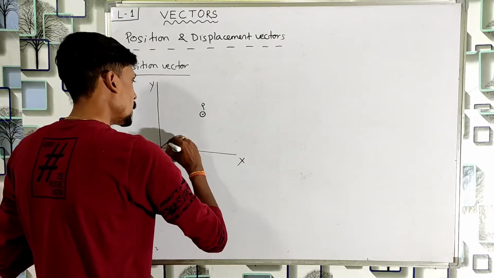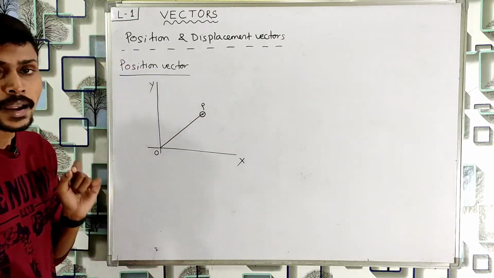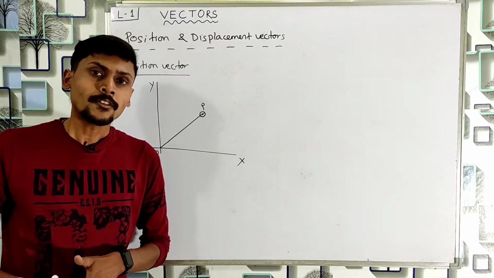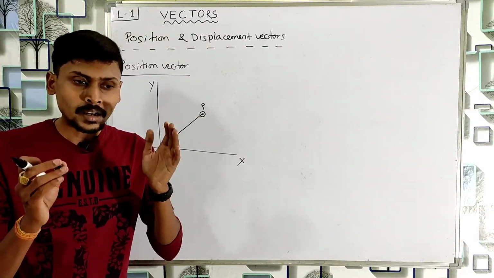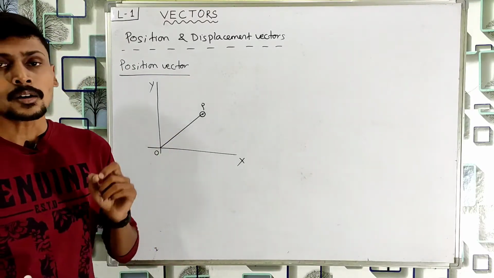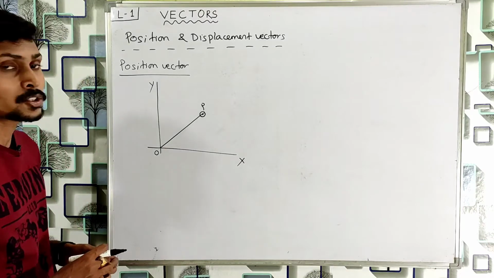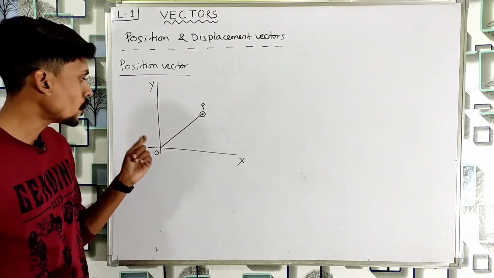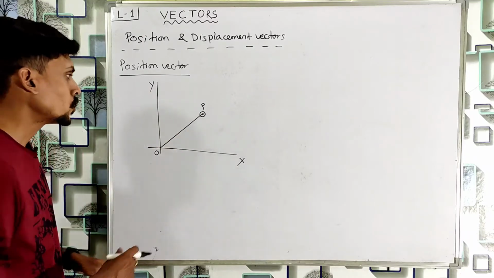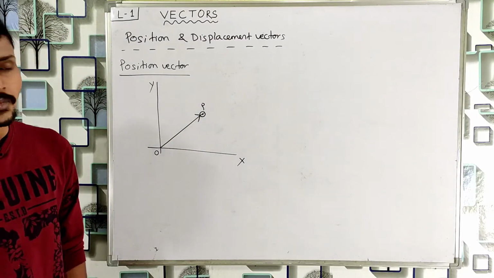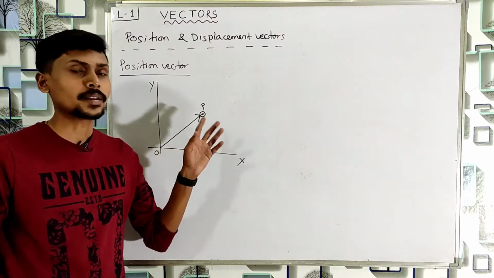So the line will be like this, and we have to give an arrow mark because every vector has some length and some arrow mark. The direction of the arrow mark will be from origin towards the point. So this one is the position vector of the point P.